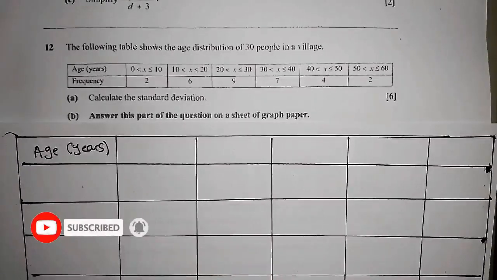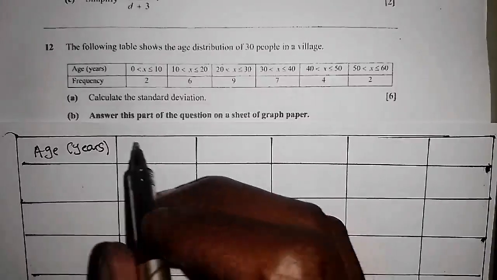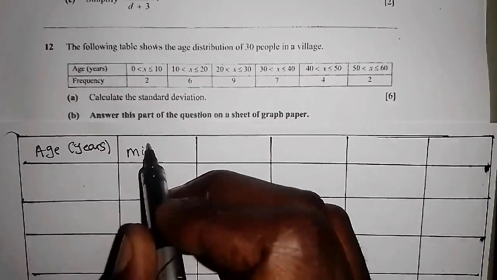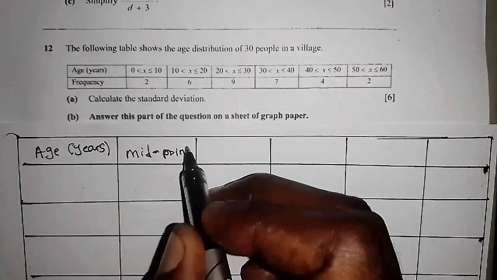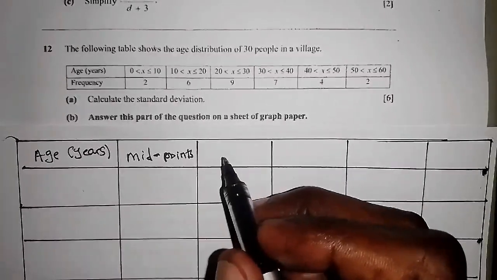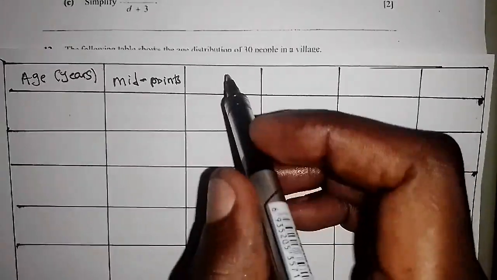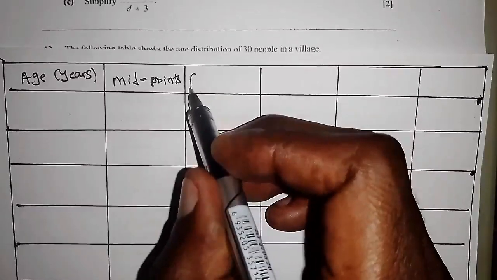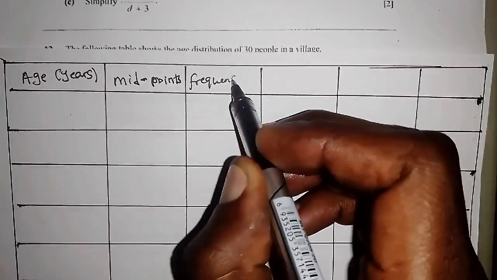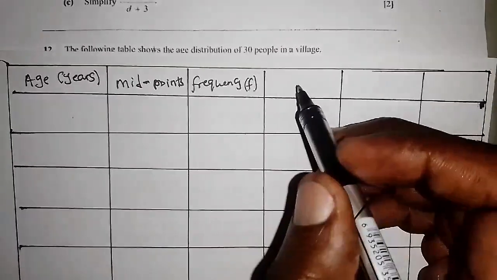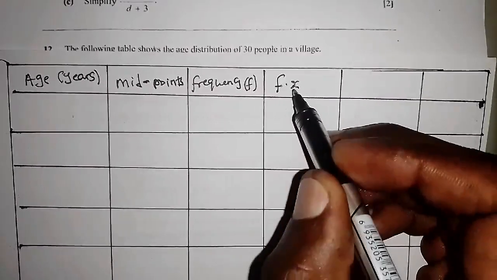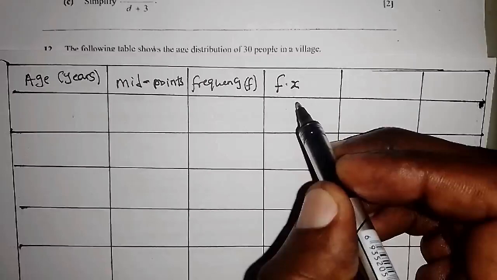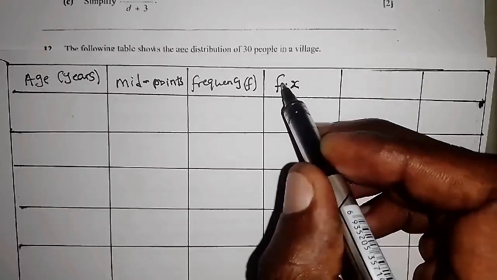From there you are going to have the second entry, which is just midpoints, and then you're going to have the frequency, which is just f, and then you're going to have f multiplied by x. This dot is just a multiplication, or if you want, you can just put times.